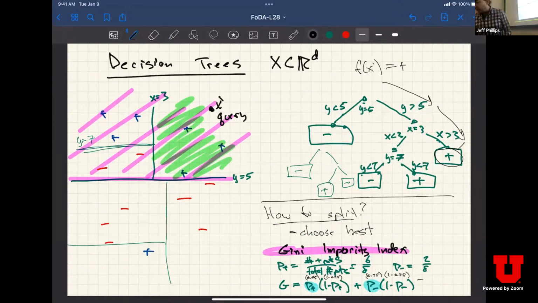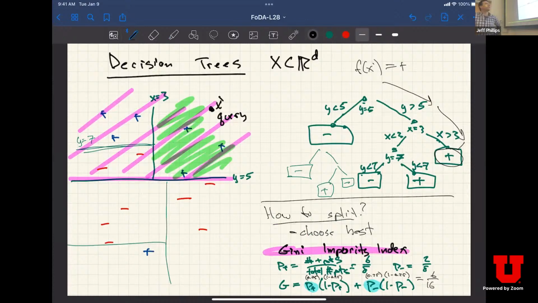If I calculate 0.75 times 0.25, that's 3/16, plus 3/16, so this gives me 6/16. This is in between 0 and 0.5. The smaller, the better. This is less than 0.5, so this is better than an even split.